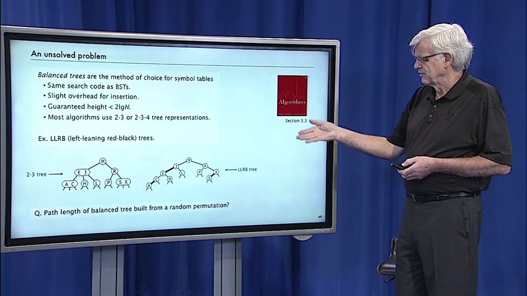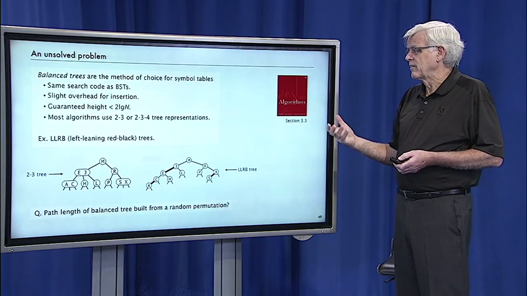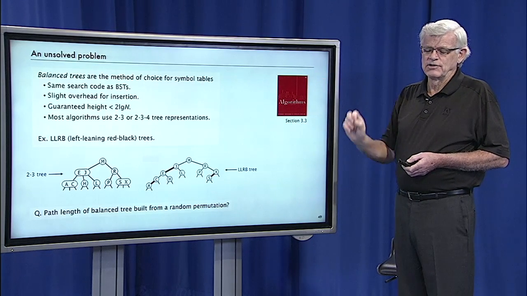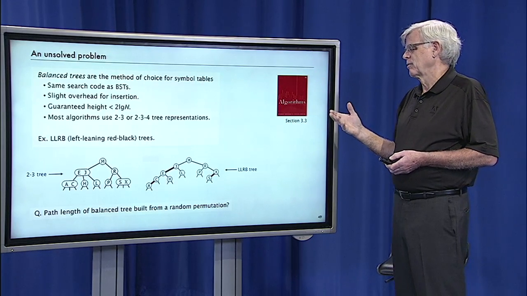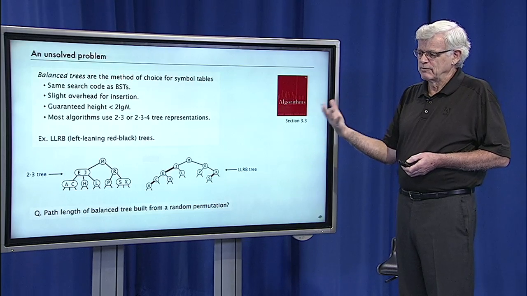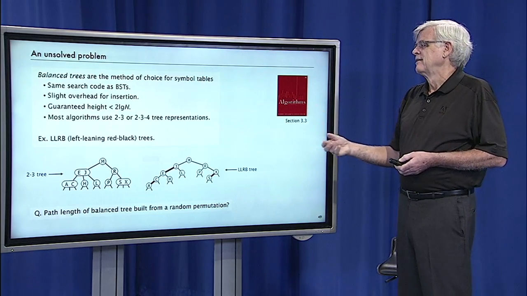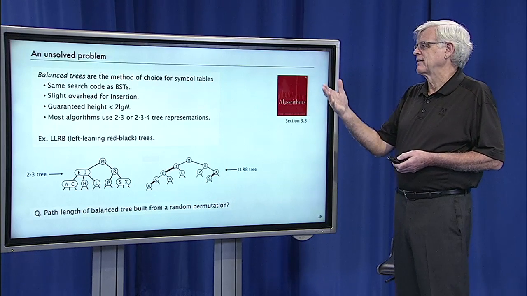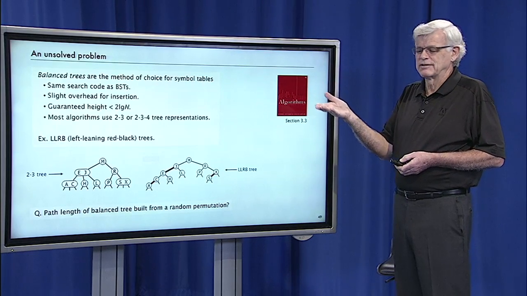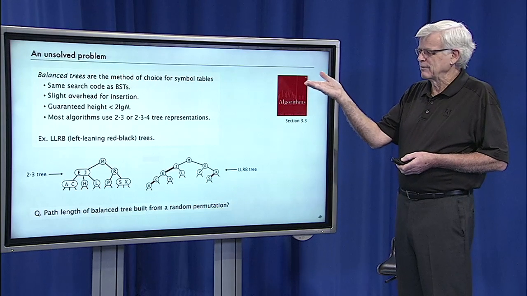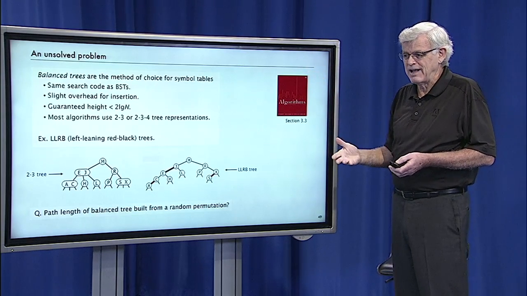Now the question is, even though we have the guarantee, we're still interested in knowing the performance if we assume that the keys come in randomly, because again, that's a reasonable model. It would be better to know that the guaranteed height was asymptotic to log n with a coefficient of 1. That'd be twice as fast.